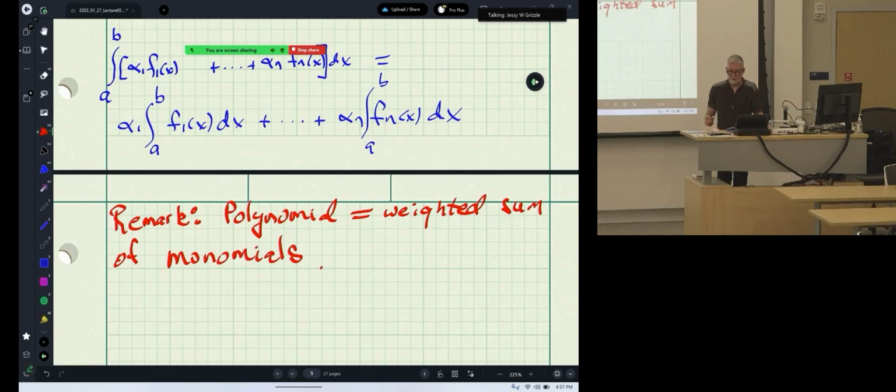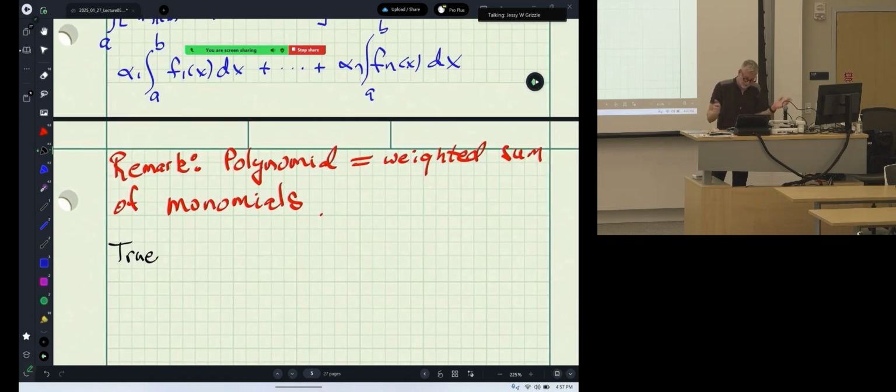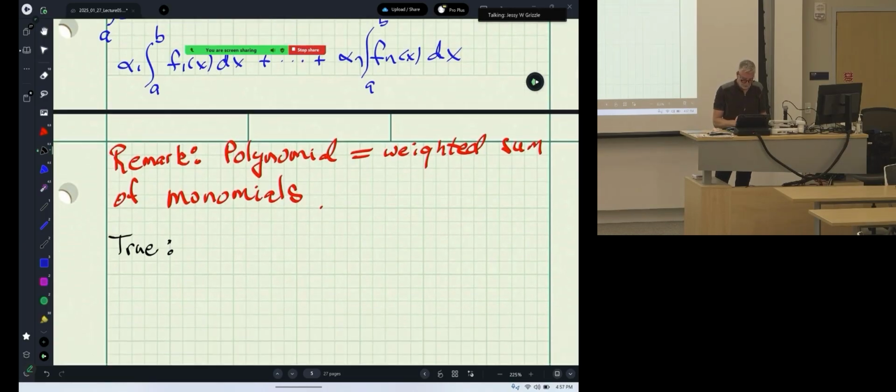Results like this are how mathematicians build up integration for a large family of functions from a very small and limited family of functions like monomials. And this result that we've just stated is true simply because the limit of a sum is the sum of the limits.